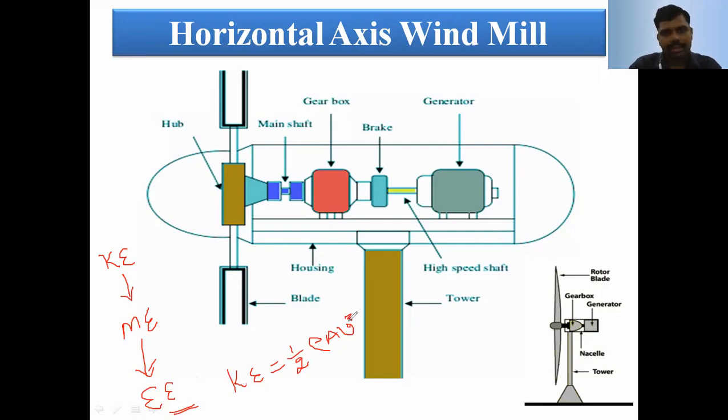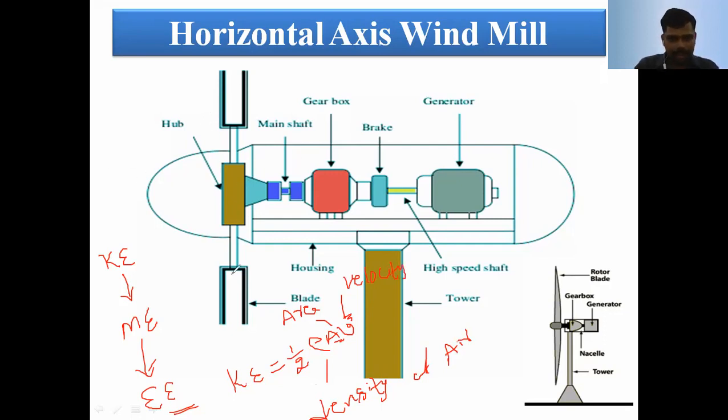Here A is the area, rho is the density of air, and V is the wind velocity or wind speed. Another name for wind velocity is wind speed.